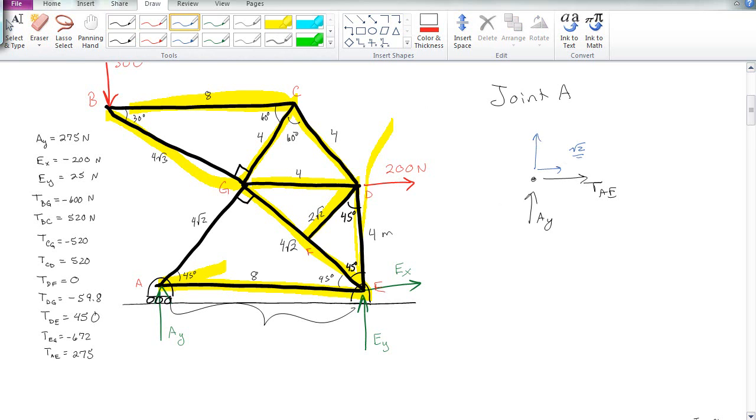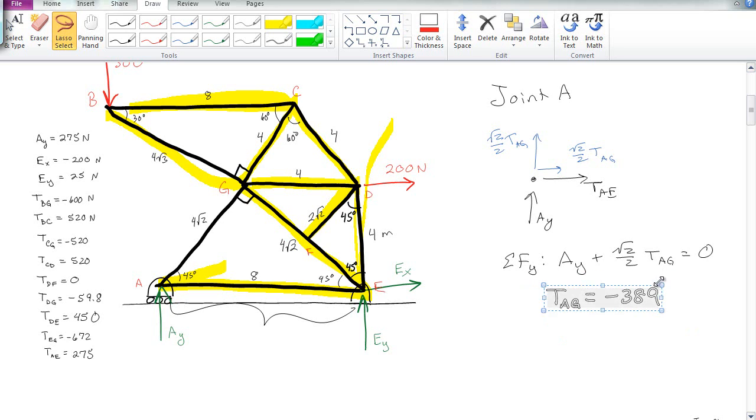Root 2 over 2 TAG, root 2 over 2 TAG. And the only thing I care about is that the sum of the forces in the y direction are AY plus root 2 over 2 TAG. That equals 0. TAG equals some other number, called negative 389. And we are blessedly, blessedly, blessedly done.